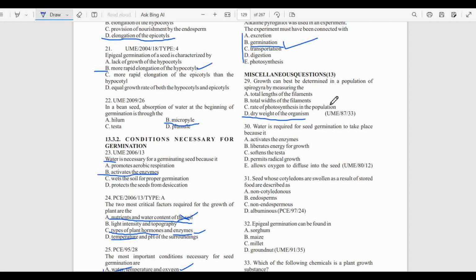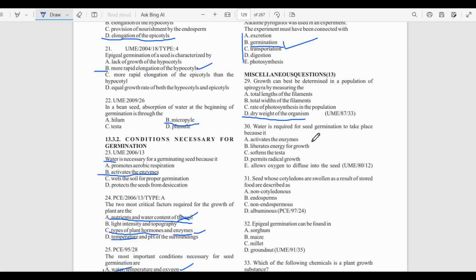Dry weight of the organism gives you a better understanding of the growth rate because you're keeping the cells constant by taking out the water. You then want to see what has happened to the cell as it increased in size or volume, by taking out the water.